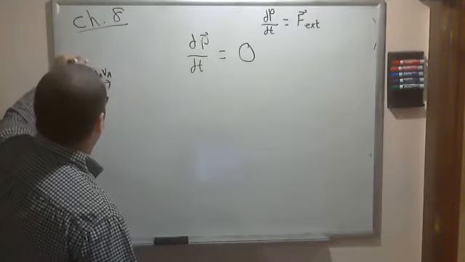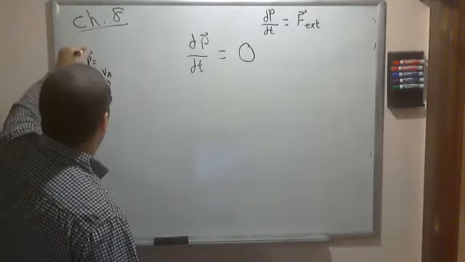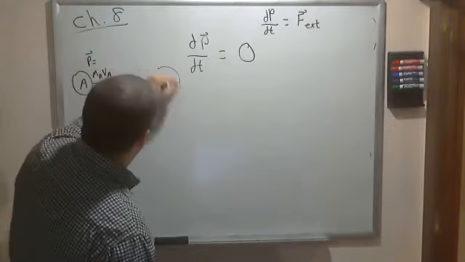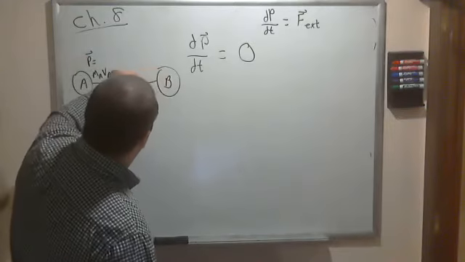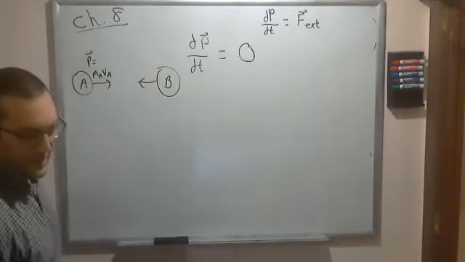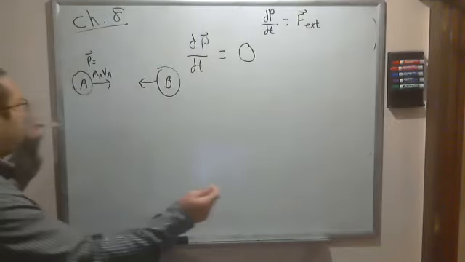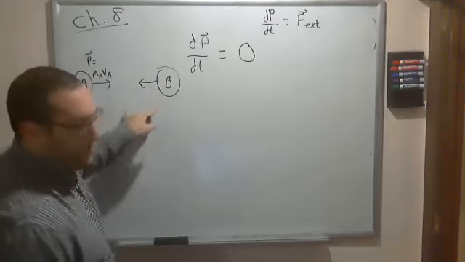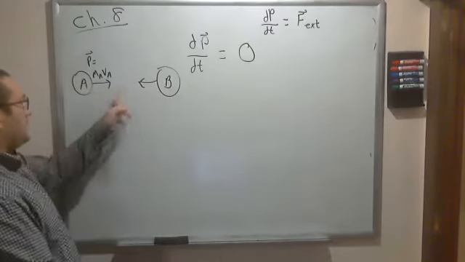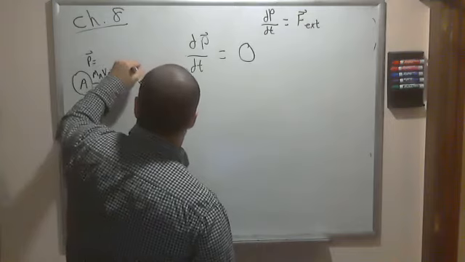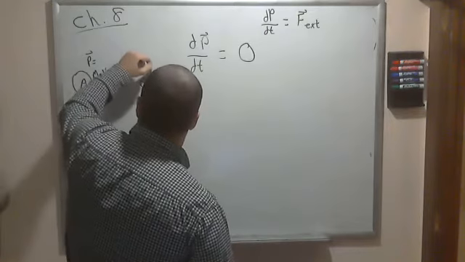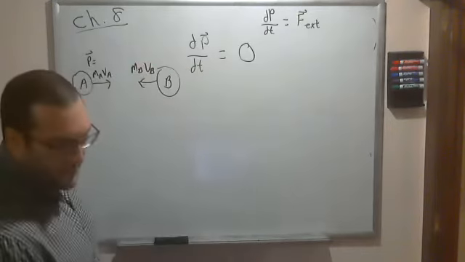So the momentum of this one is this. And initially, these two balls are, let's say, moving towards each other, right? And they're going to collide. Then they collide.